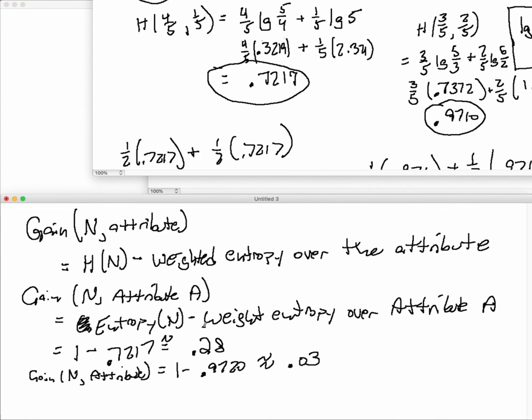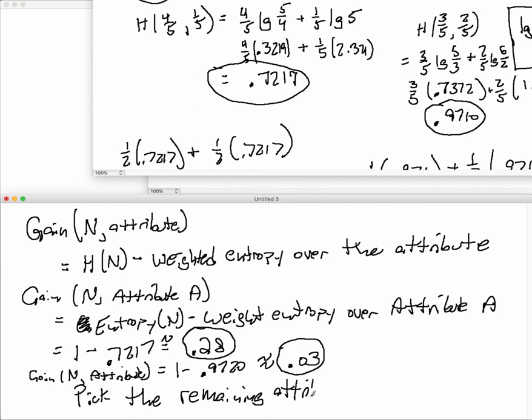Okay, so what is the ID3 algorithm? The ID3 algorithm says pick the remaining attribute along that branch that maximizes gain.